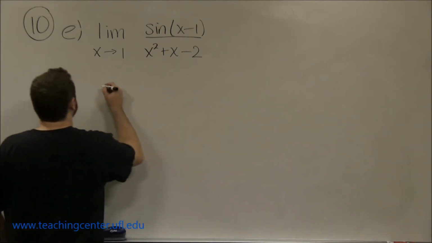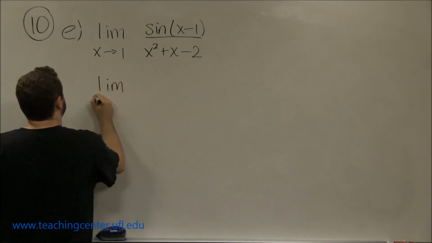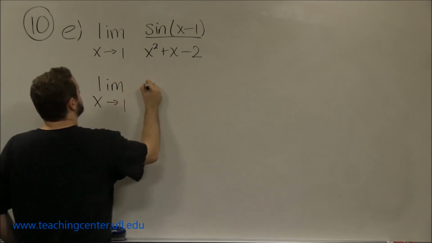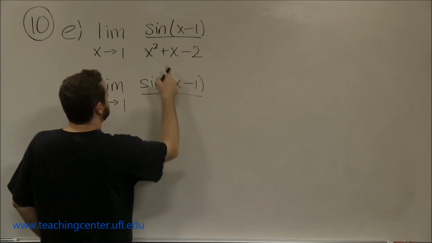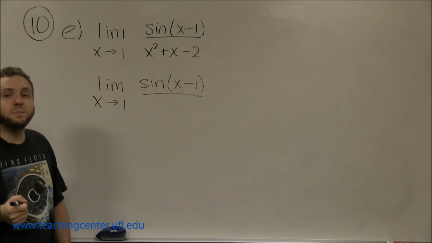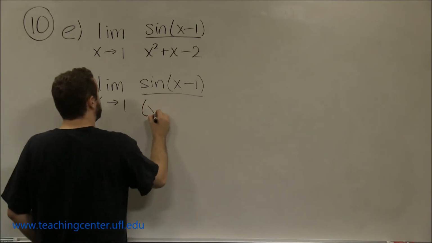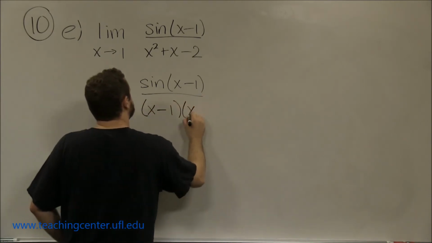So the first thing we want to do here is factor the denominator. So our numerator is going to be sine of x minus 1. That's not simplifiable. On the denominator, this can definitely be factored, though, and it becomes x minus 1 times x plus 2.